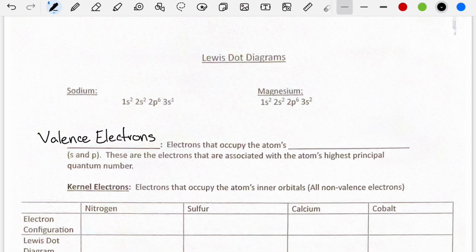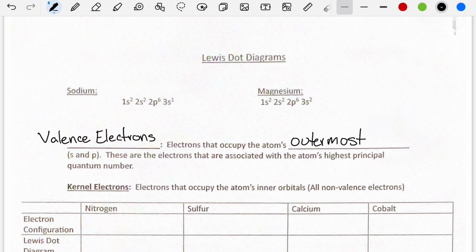And the valence electrons are electrons that occupy the atom's outermost s and p orbitals. And these electrons are always associated with the atom's highest principal quantum number, or their highest energy level.